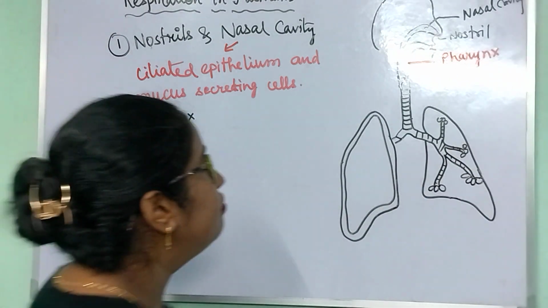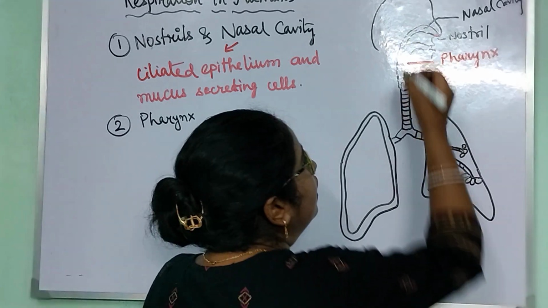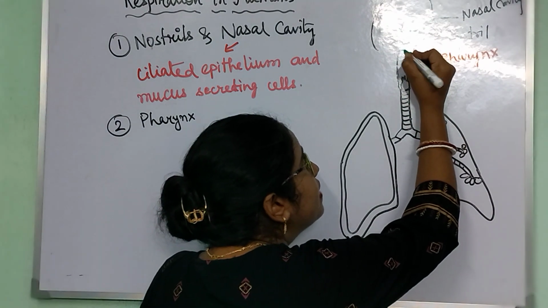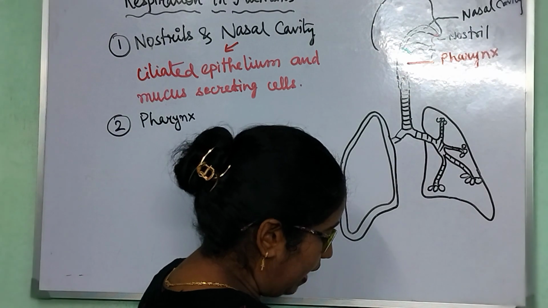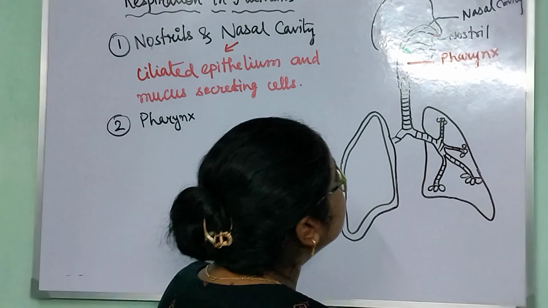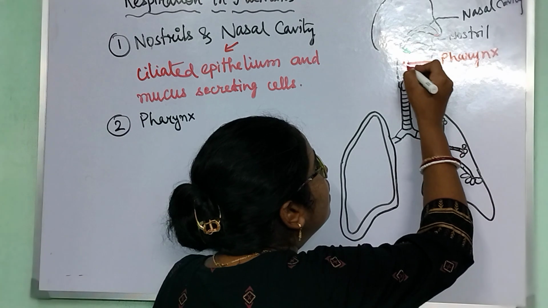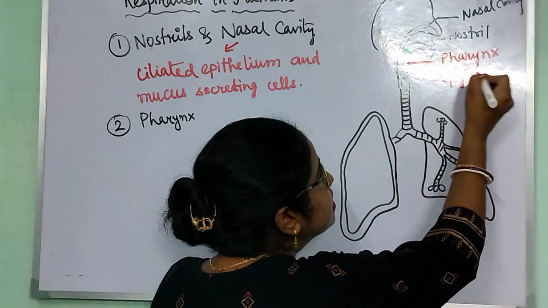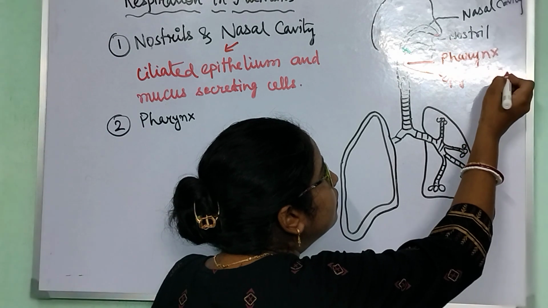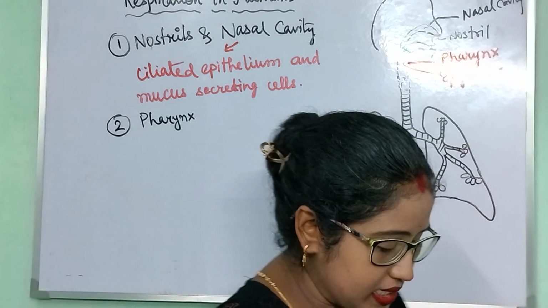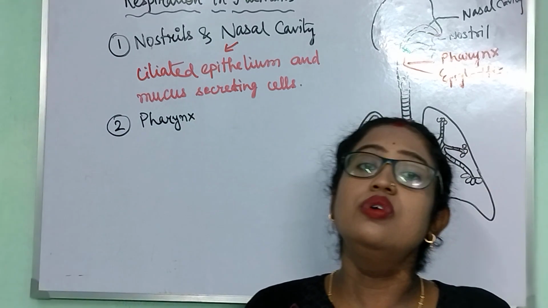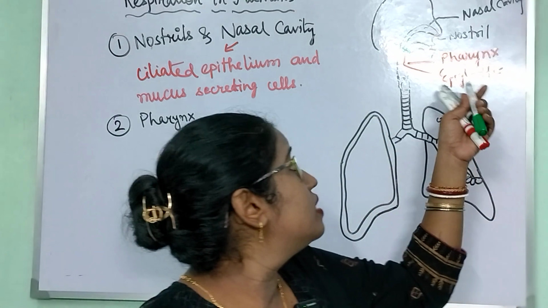Here in the pharynx, there is a flap-like structure known as the epiglottis. What is its function?